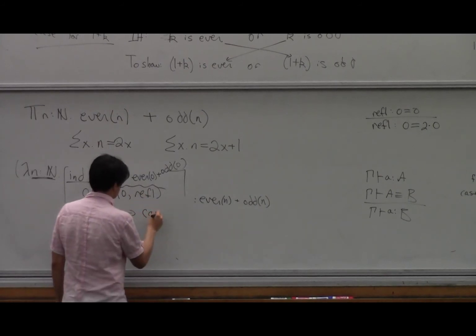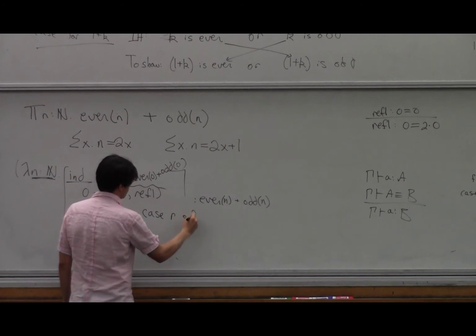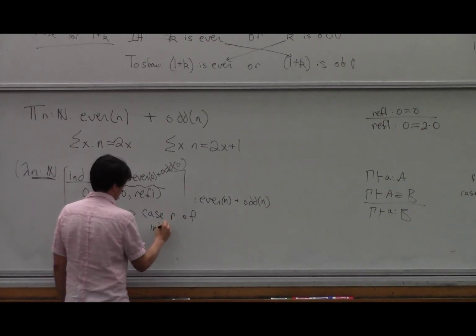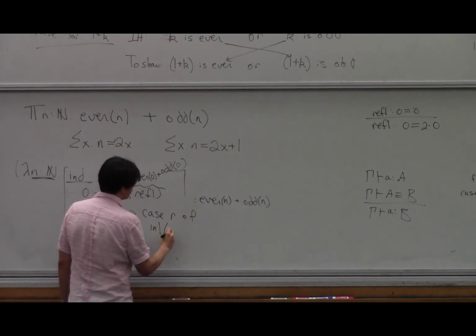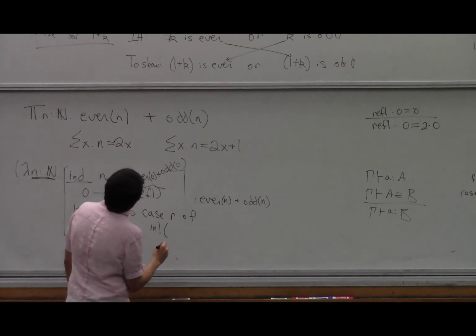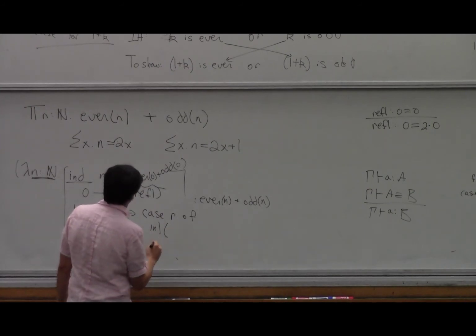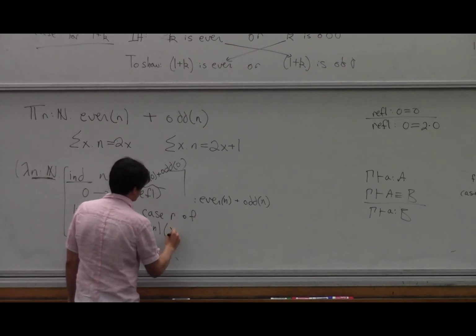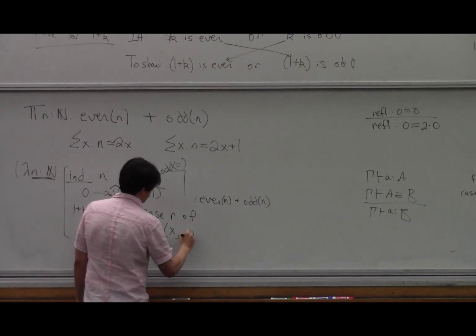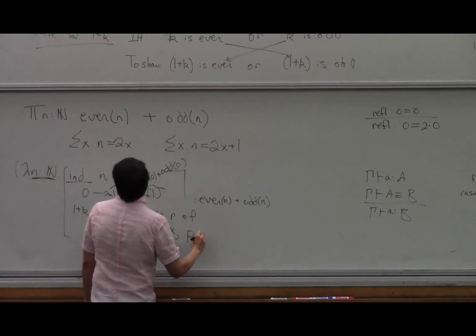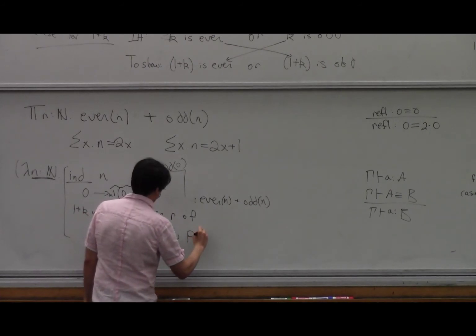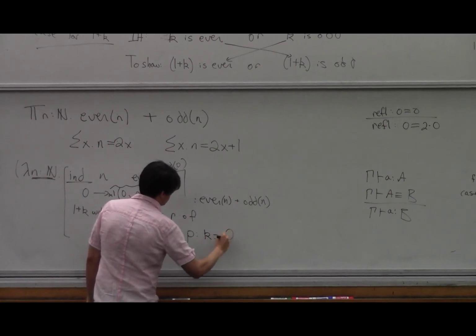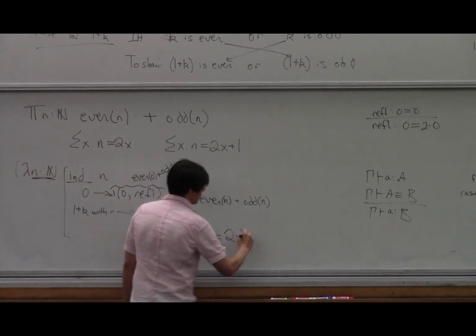So this will look like what we said on the board. Case on the recursive call. If it's in left, then it's going to contain an x and then a proof p, which says that k is equal to 2 times x.